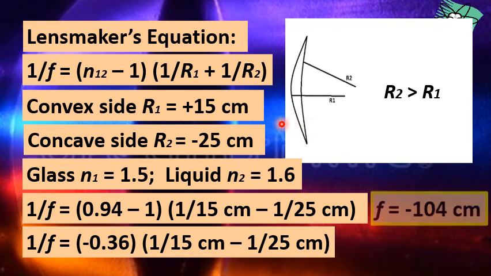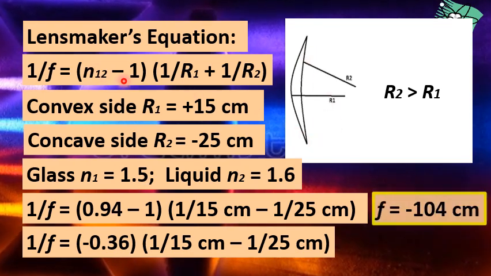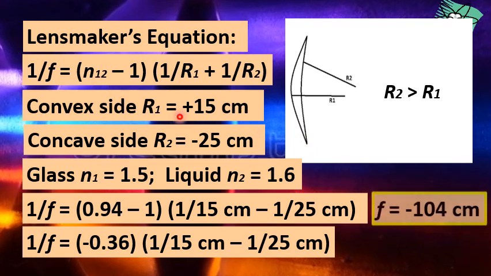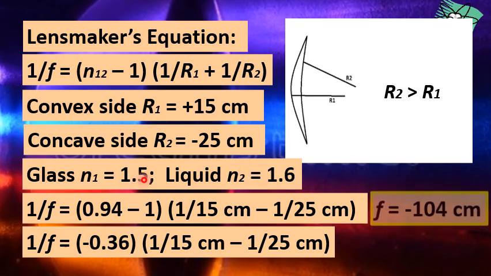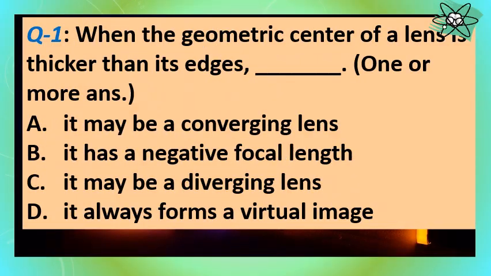The lens may be a converging lens if the surrounding medium is air, but it becomes a diverging lens if the surrounding medium is a liquid whose refractive index is higher than that of the lens. So once again, to reiterate, our answers for question number 1 are option A and option C. All right?